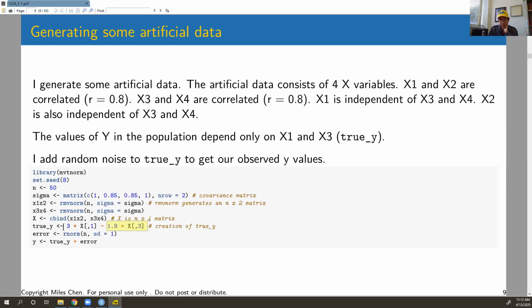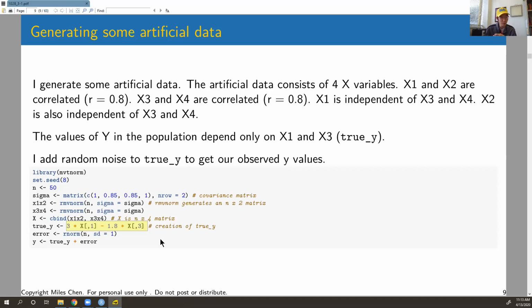The true value of Y does not depend on X2 or X4. It's just that X2 is correlated with X1 and X4 is correlated with X3. But the true value only depends on X1 and X3.